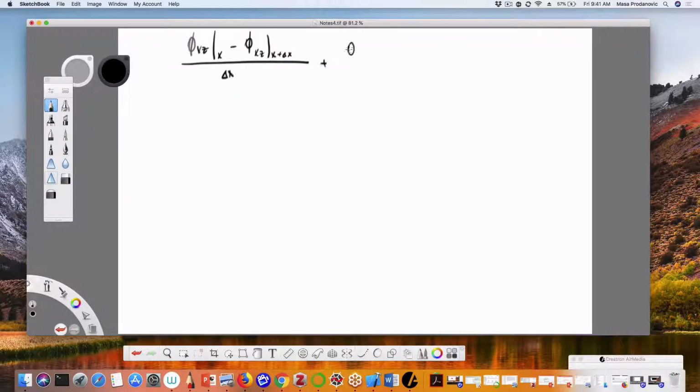And then plus phi zz evaluated at z minus phi zz evaluated at z plus delta z. Sorry about that, I started writing delta z. And then what's left of the body force is just rho g cosine beta, the density of it. This is the body force density.